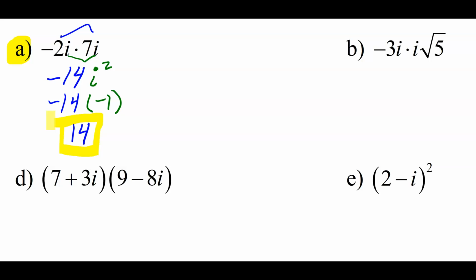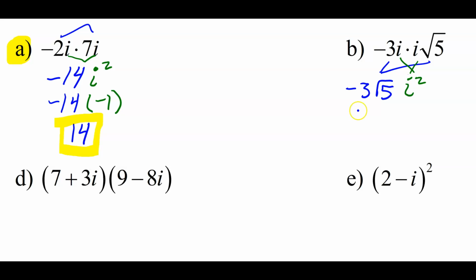Same idea on B. Bring your numbers together. The numbers are the -3 and the square root of 5, so -3√5, and i times i is i squared.